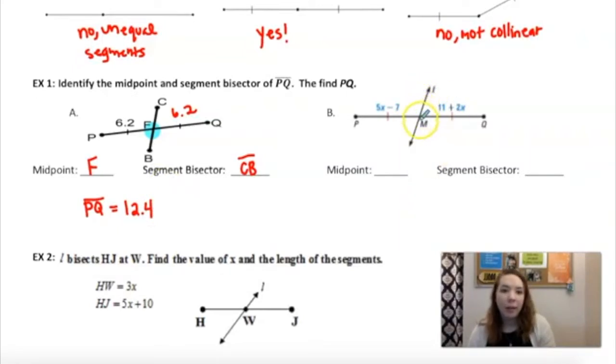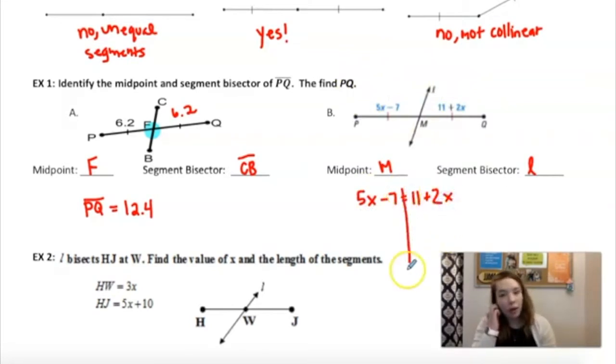Here, our midpoint, it looks like, is M. Our segment bisector is line L. It's labeled right up here. To find PQ, we know these are equal, so we're going to set up an algebraic equation where they're equal so that we can figure out what x is. I'm going to subtract 2x from both sides.